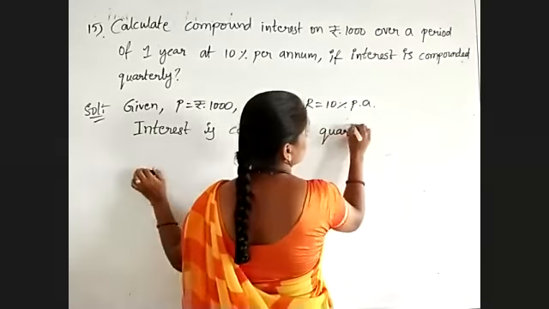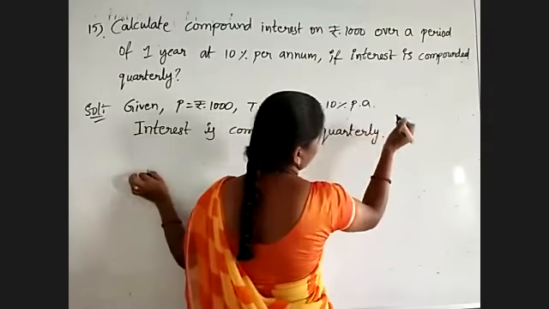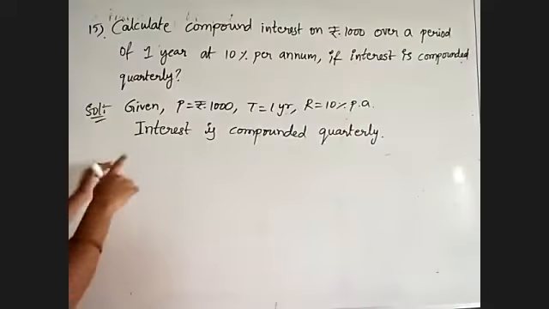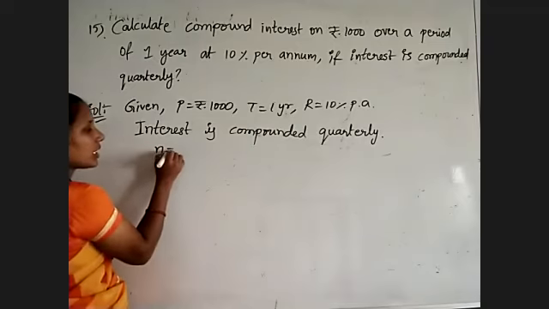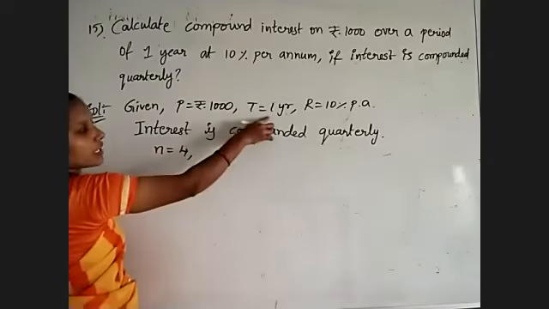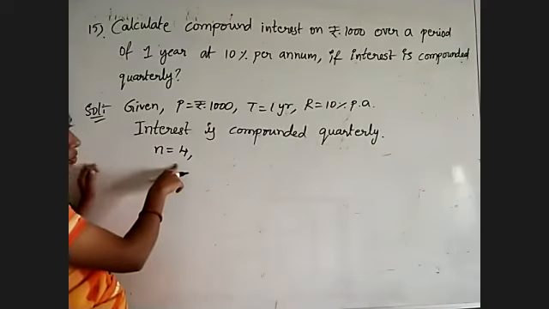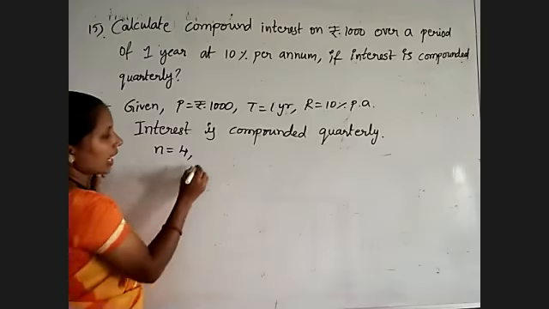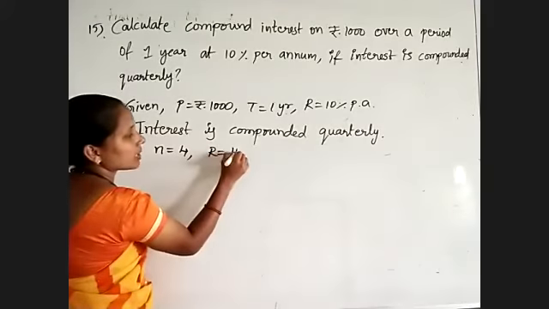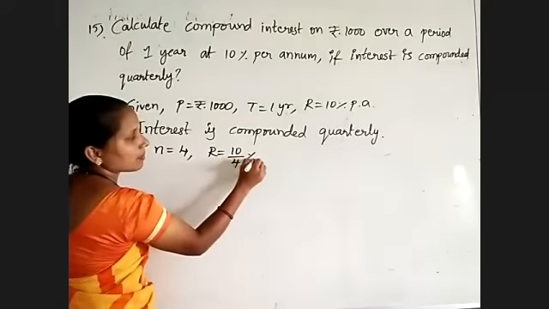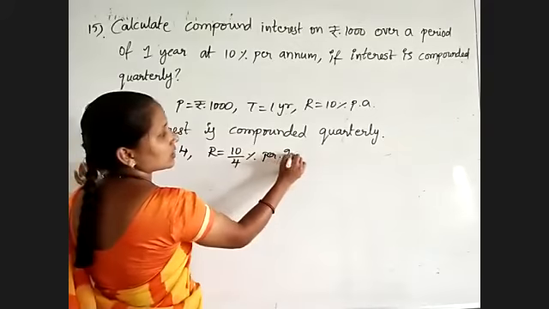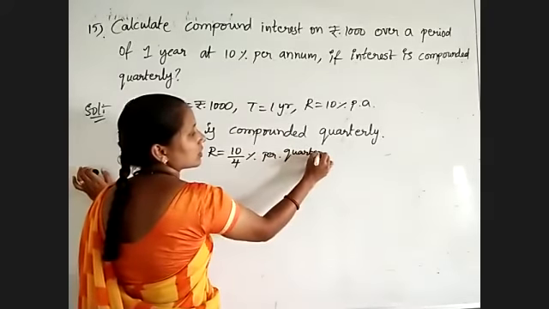So N will be equal to 4 because in 1 year we will get number of conversion periods 4. 4 quarters we will get, and rate of interest will become 10 by 4% per quarter.